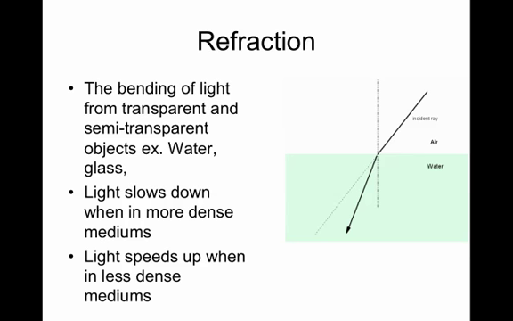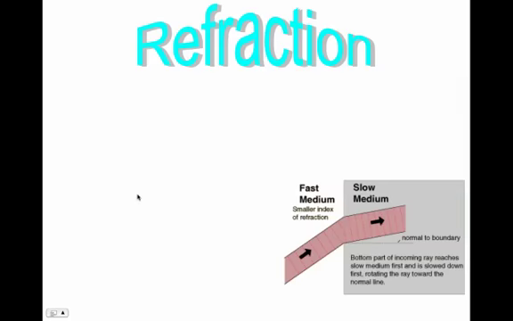travels in straight lines, and when it goes through transparent or semi-transparent objects like water or glass, light slows down in these mediums, and light might speed up in other less dense mediums. So how does this work?